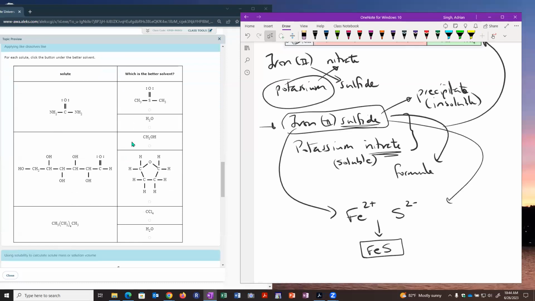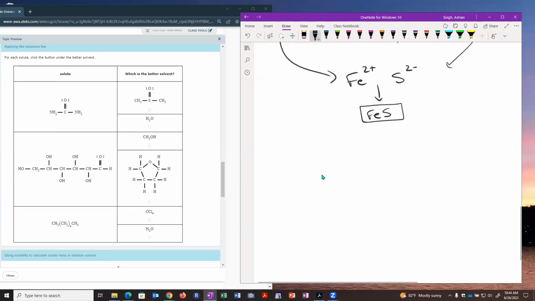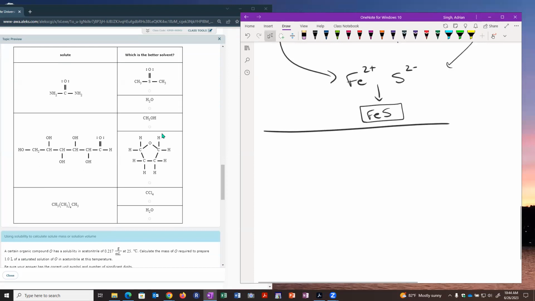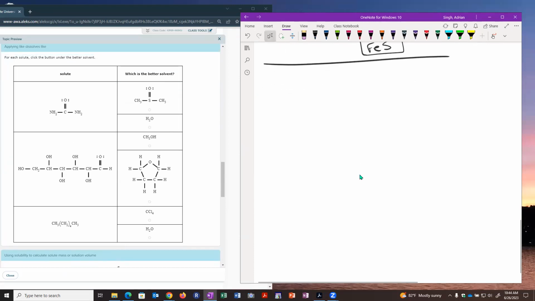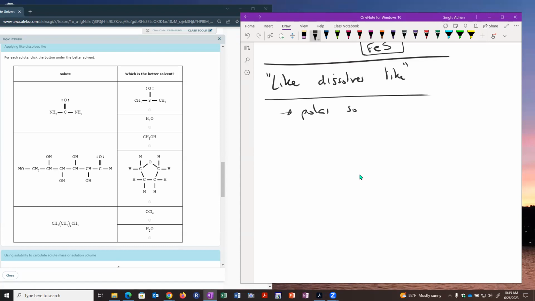All right, the next question looks at a very important rule that we'll see in chemistry. You'll also see it in some of your biology classes, and that is predicting whether a substance will dissolve in a particular solvent just based on the simple rule like dissolves like. Just to recap that rule, what that means is that polar solutes will dissolve in polar solvents.